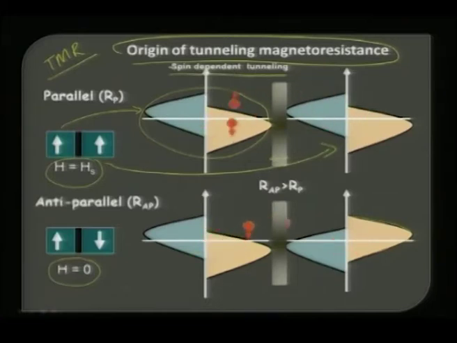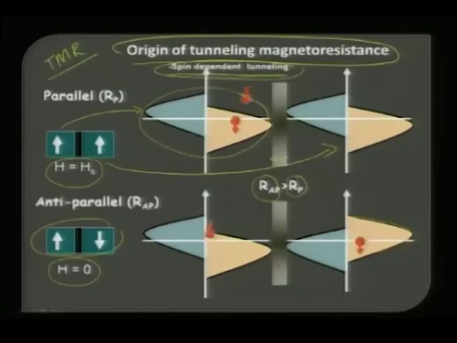In both cases you see a reluctance in the transfer of the spins, up or down spin. As a result, in the anti-parallel configuration, resistance is greater than the resistance in the parallel configuration, and this is not based on spin dependent interfacial scattering, this is based on spin dependent tunneling.